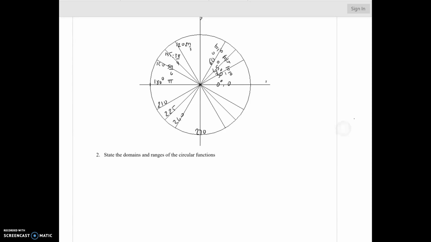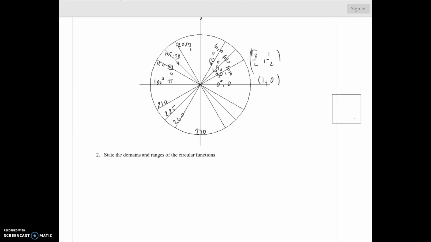You must remember that for 0, you will have a cosine equal to 1 and a sine equal to 0. Then for pi over 6, cosine will be equal to square root of 3 divided by 2 and sine 1/2.